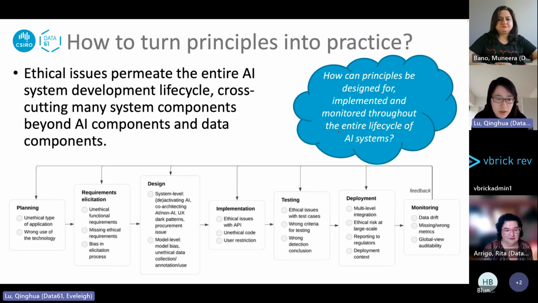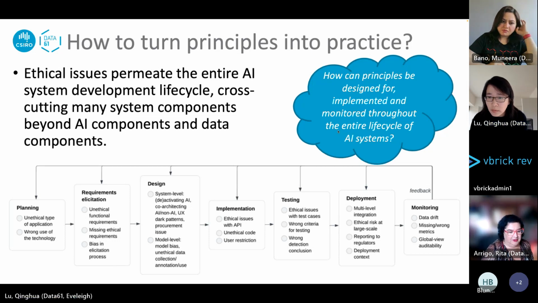Here I put a figure to show some example risks which could happen at different phases of the lifecycle. For example, in the planning stage, there could be an unethical application. When you collect requirements, the functional requirements could be unethical. When you design the user interface for your AI applications, dark patterns could be included in your interface. And there could also be ethical issues with your test cases.